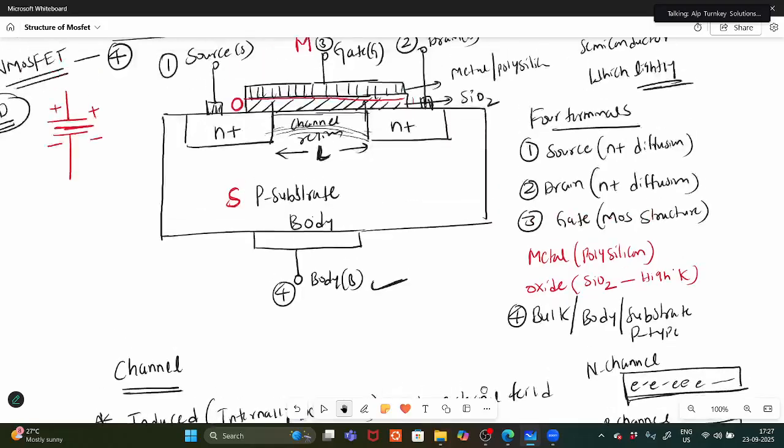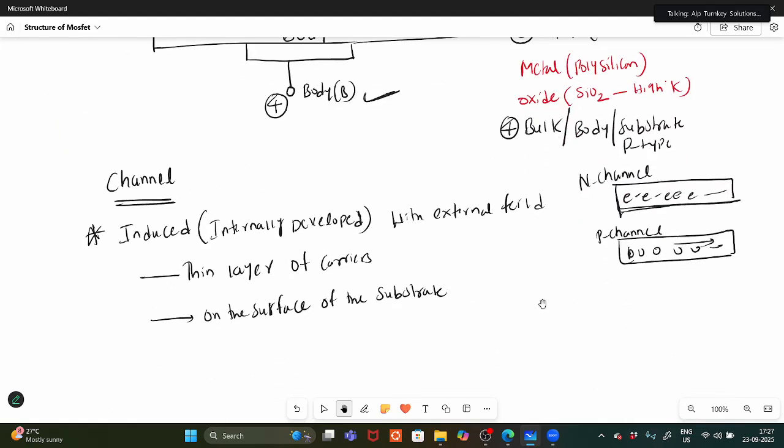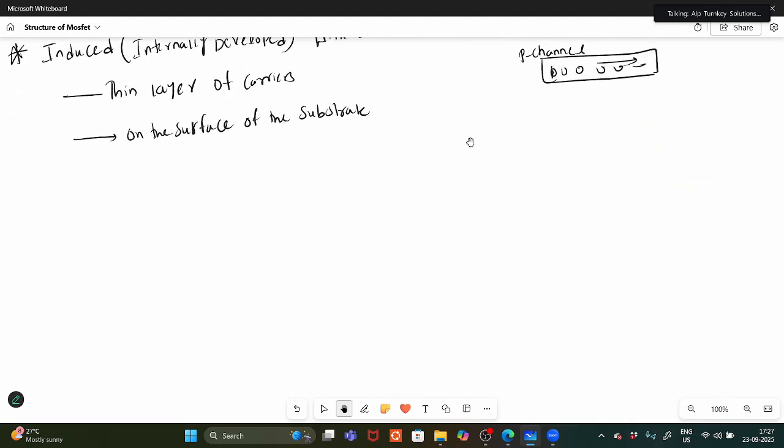And channel length. What is channel length or gate length? That is denoted by L. L is nothing but what we call channel length, or we can call gate length. It is between the source and drain.